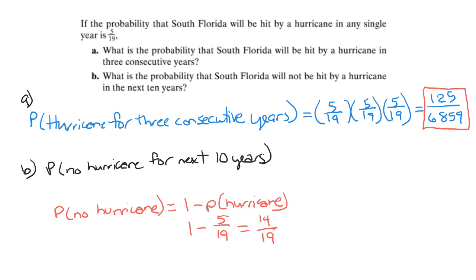The probability of no hurricane in South Florida. So when I revert back to my original probability of no hurricane for the next 10 years, I'm going to use the 14/19 as no hurricane, raised to the 10th power for the next 10 years. And we should come up with 0.047, so 47 thousandths.